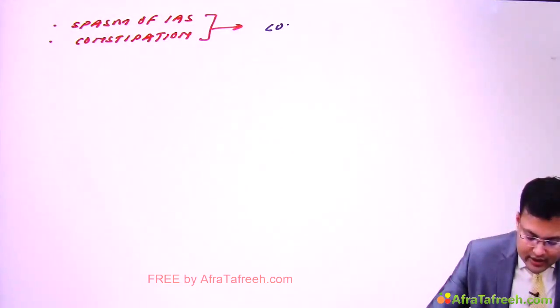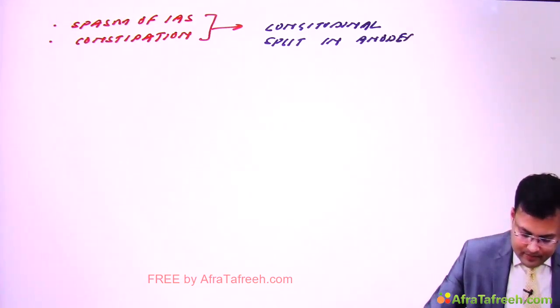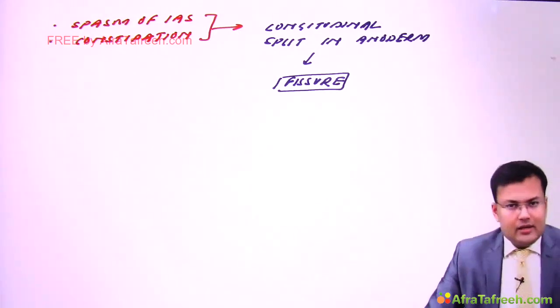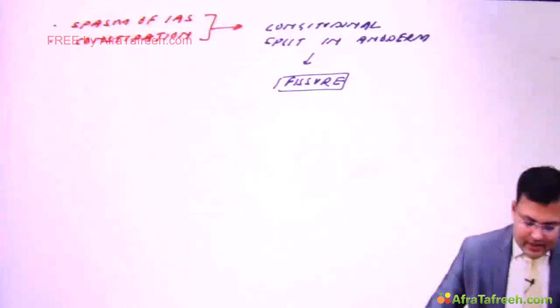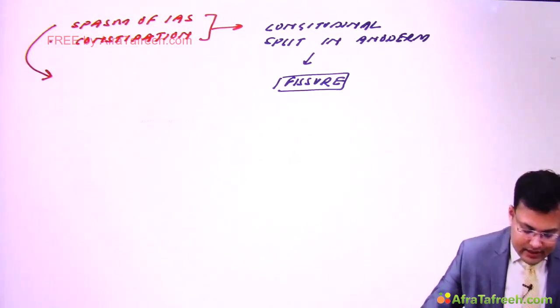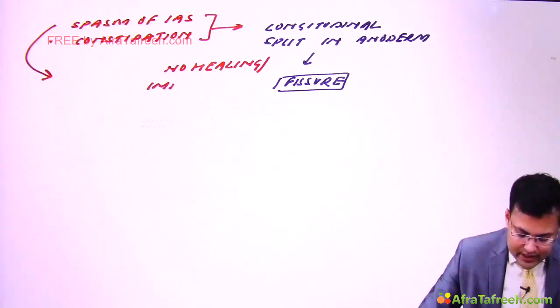There is a longitudinal split in the anoderm, and this leads to fissure. The tear is very superficial, not very deep, but since these patients have spasm, the vascularity is compromised. That's why there is no healing or impaired healing.